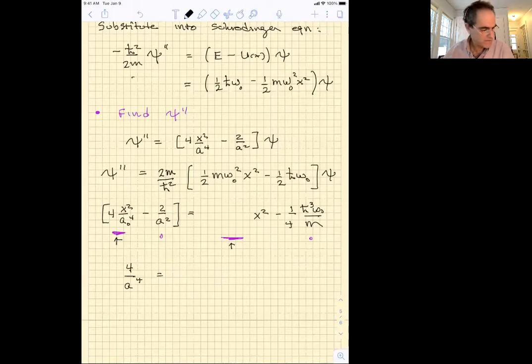Okay? So the second term then is m squared omega naught squared divided by h bar squared. And the last term is also wrong.